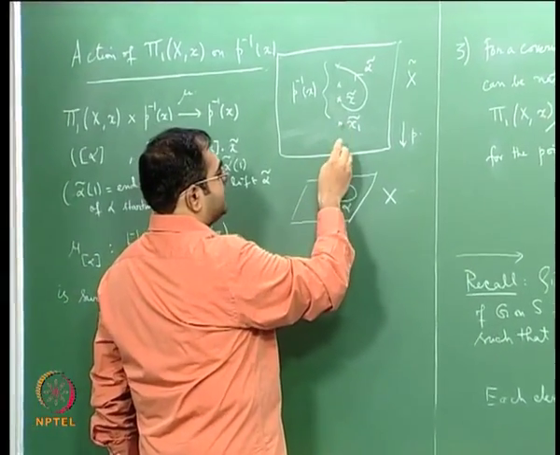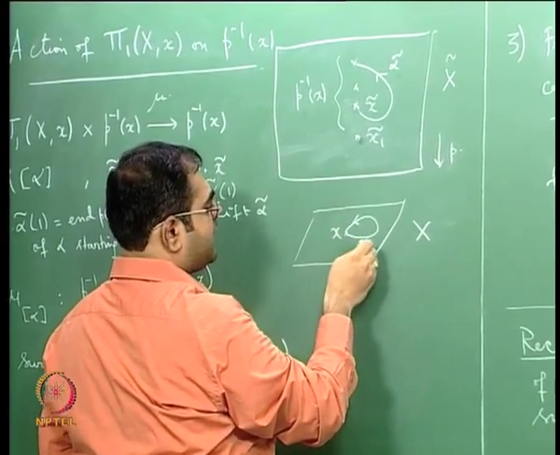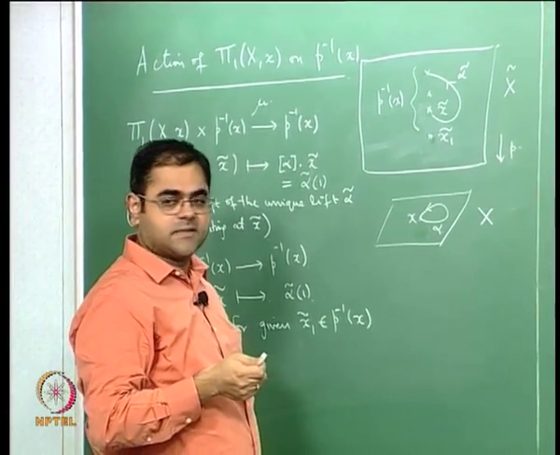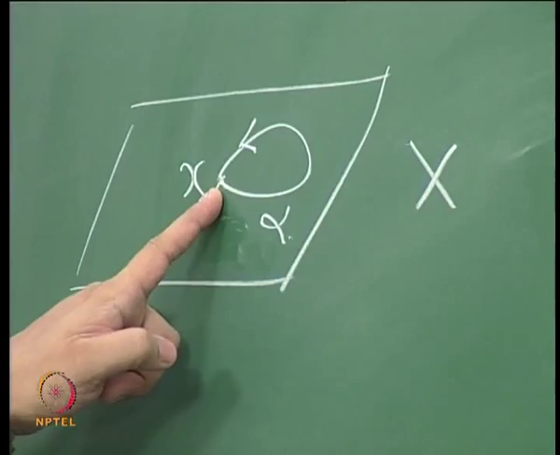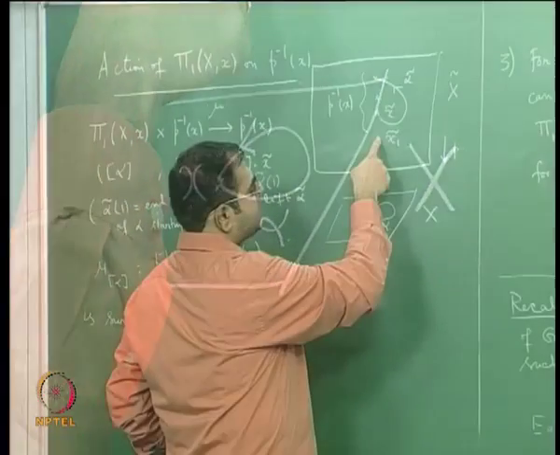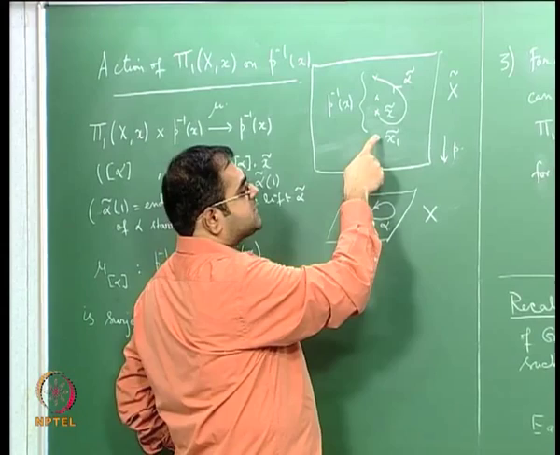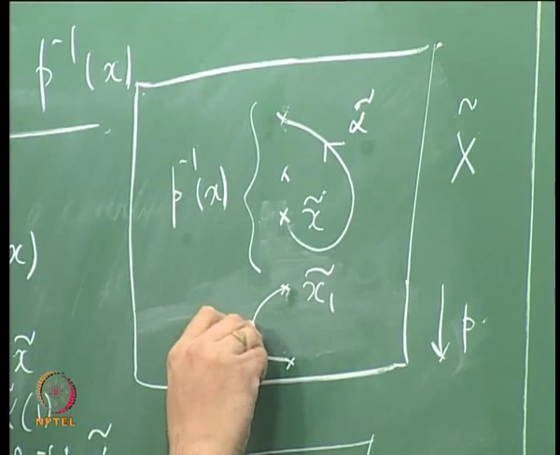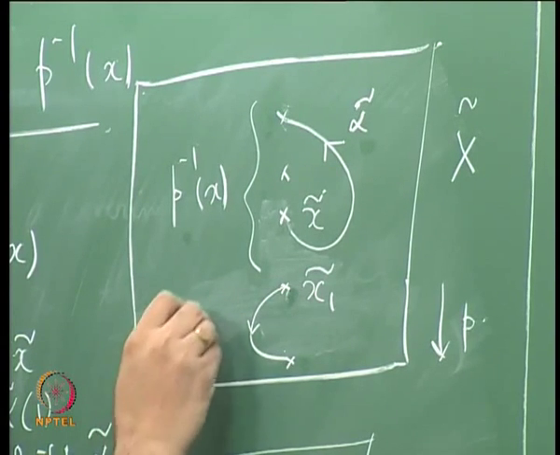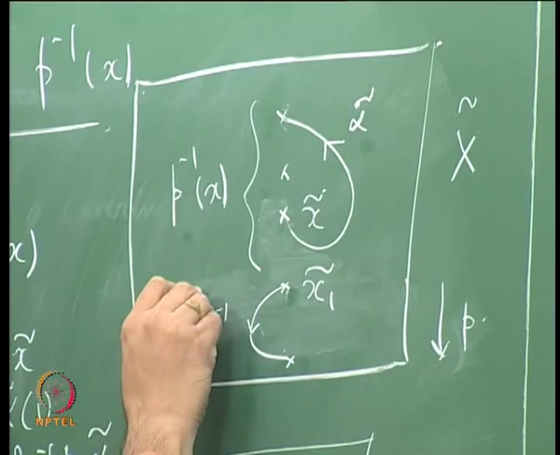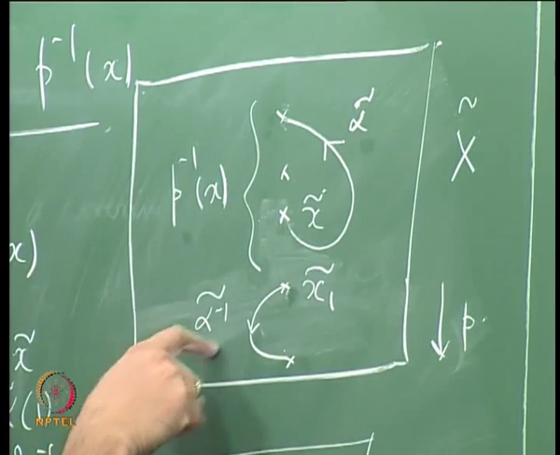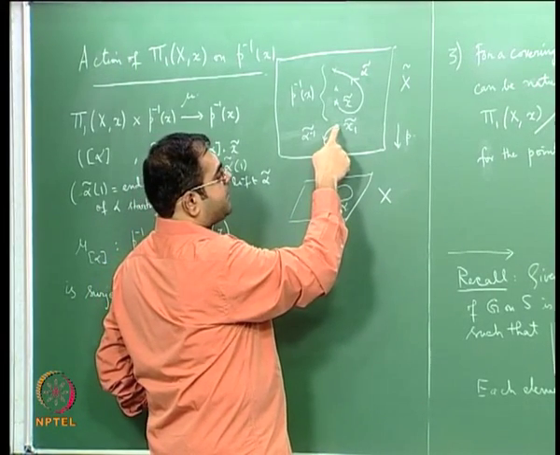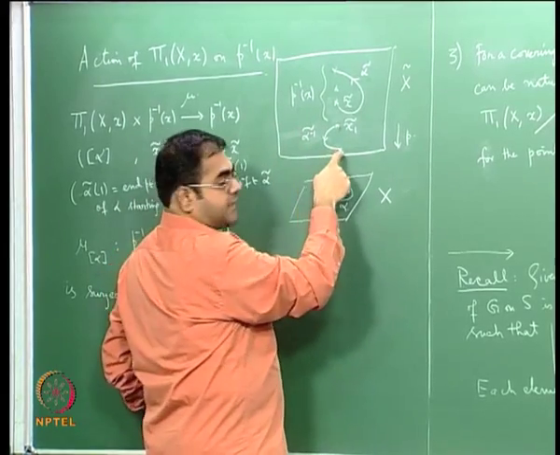We take the loop alpha inverse, that is also a loop based at x, alright, and you take its unique lift which starts at x1 tilde. So what I am going to get is a path above, which is alpha inverse tilde, the unique path lifting alpha inverse starting at x1 tilde, and take its endpoint.